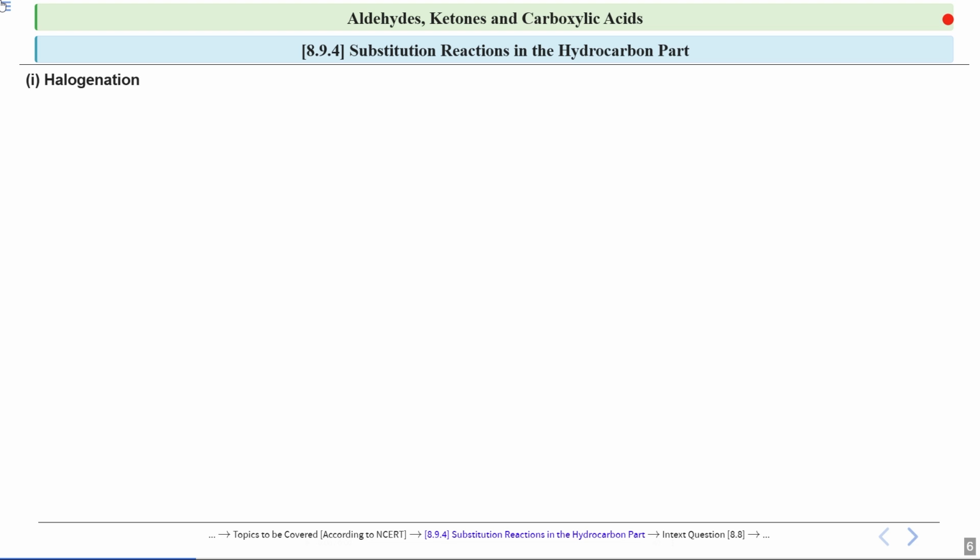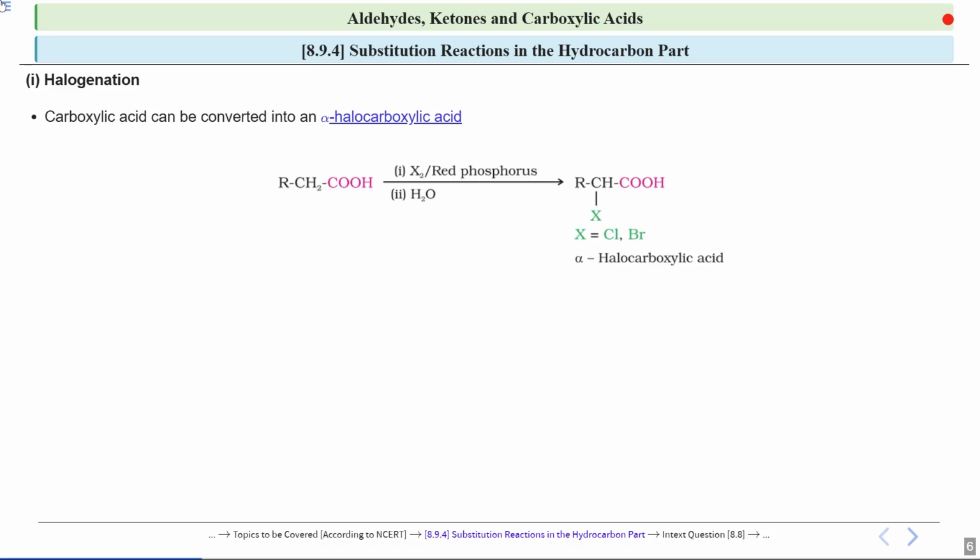So our main goal is to see how carboxylic acids get converted into alpha halocarboxylic acids. If you look at this reaction, carboxylic acids can be converted into these alpha halocarboxylic acids. Now what do I mean by the term alpha halocarboxylic acid?